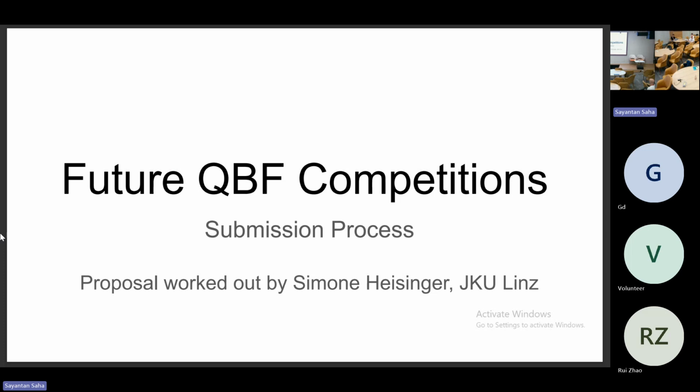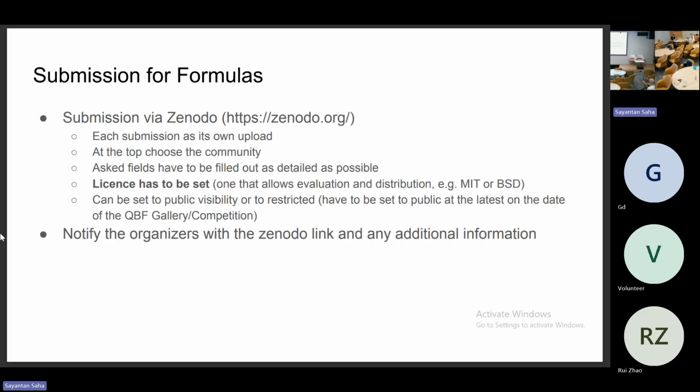And what we want to consider, and this is what Evangelos has talked about, is to have the formulas submitted via Zenodo, because then it's better under the control of the submitter. The person gets all the credit for it. Copyright issues are clearly settled, because this has also been a bit vague.